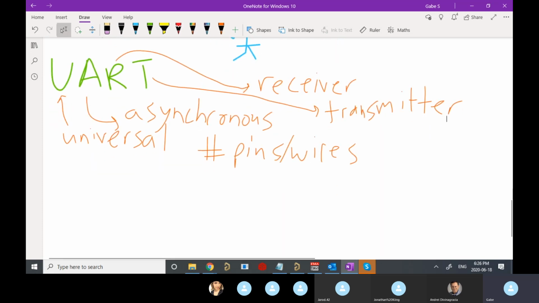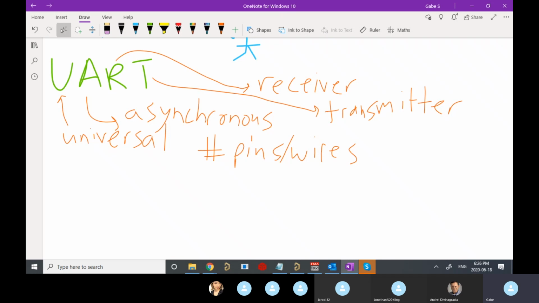So this is a very fundamental one. Sometimes it's known literally just as serial. Even though technically there are so many different serial communication protocols, this is one of the most fundamental, so people just call it serial. And so that's basically what you're opening up when you open up a serial terminal on your computer.